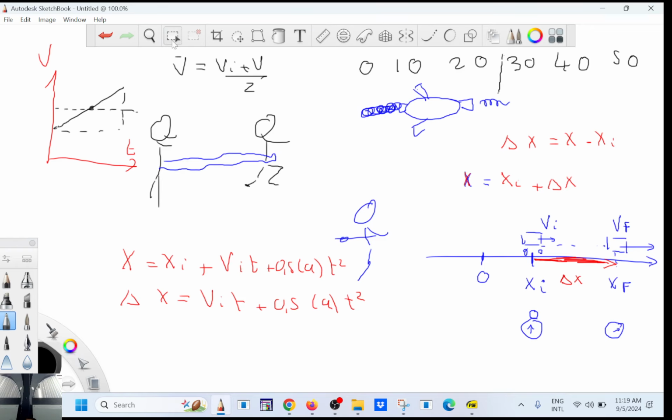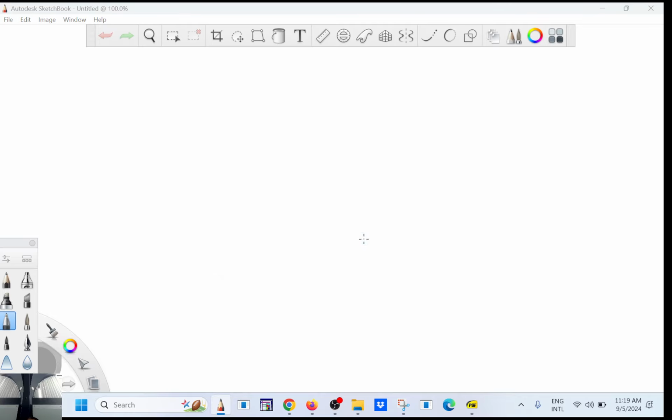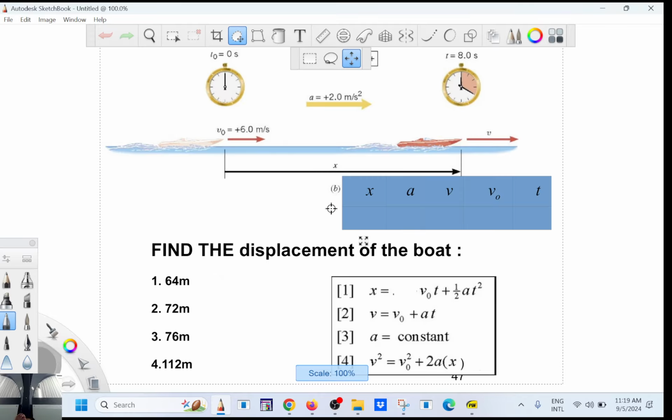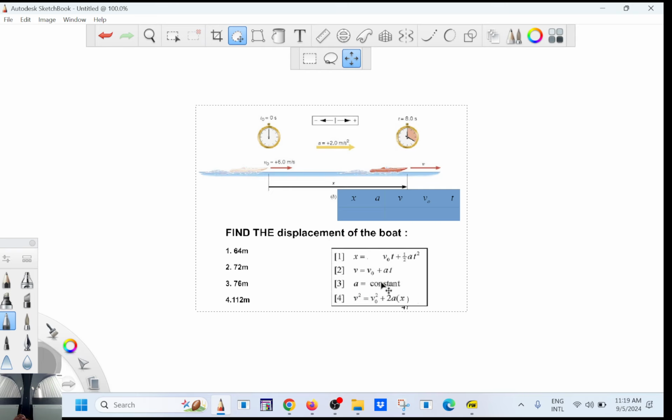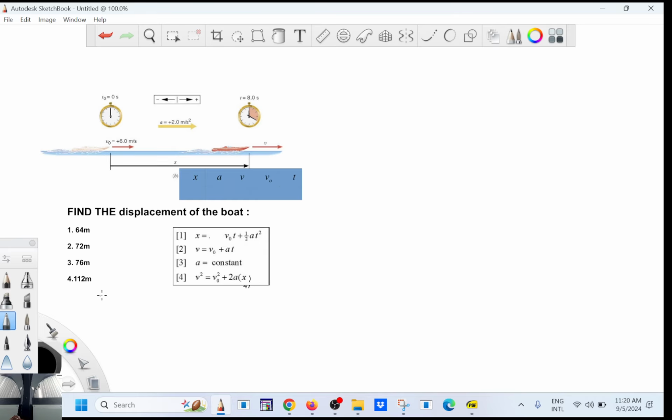So you have all the equations, you just have to find out which equation you want to use. So you can put a delta here. And to begin with, if it's helping you, you can fill out here.